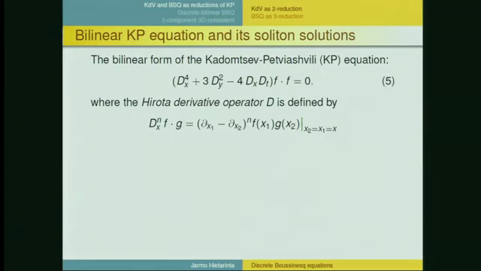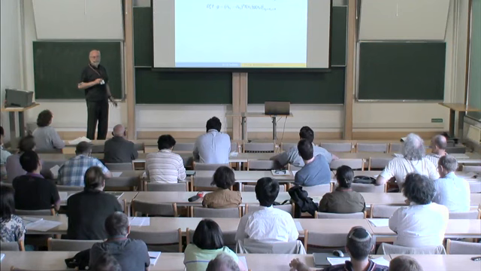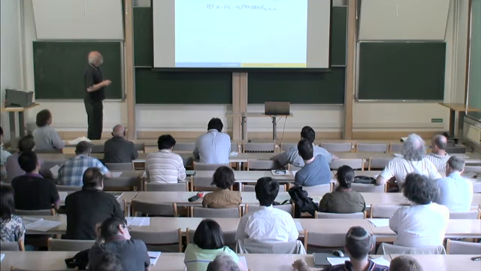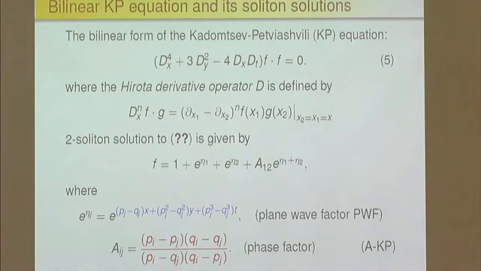So from this higher level approach, we start with the KP equation. I will first show how it works. The reduction idea works in a continuous case. Then we try to imitate it in a discrete case. So this is the KP equation.